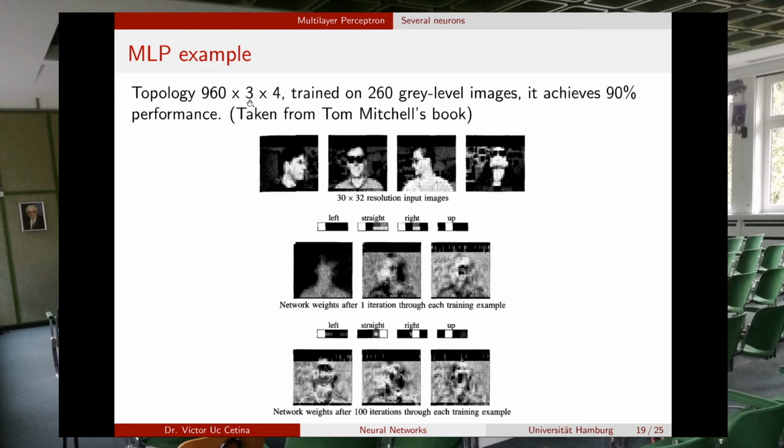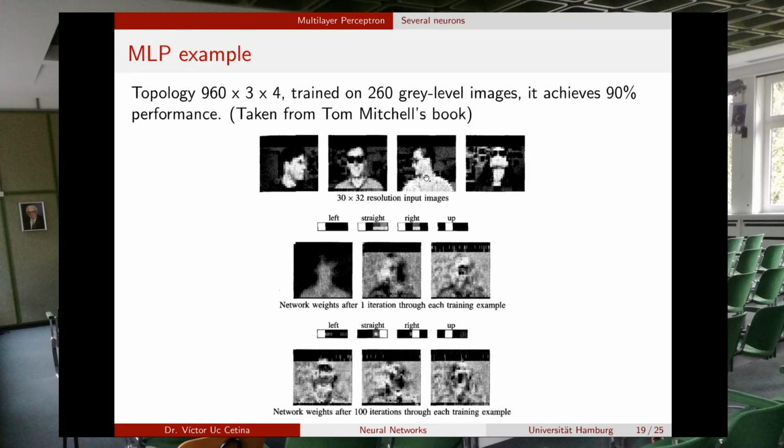Then they had only 3 hidden neurons in only one hidden layer, and the outputs were 4 because they trained this network in such a way that the output neuron 1 activated when the person was looking to the left. When the person was looking forward, only the second neuron was activated.